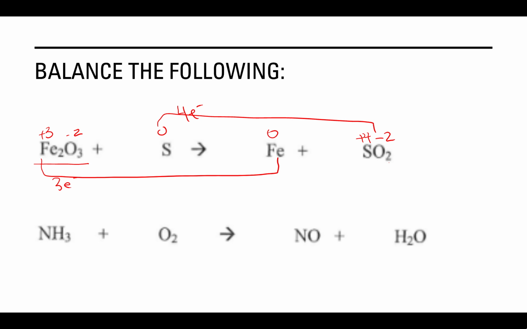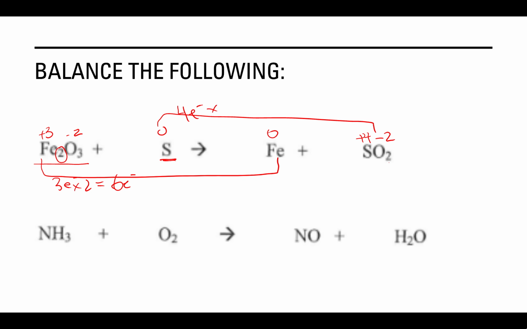Now, before you take a look at balancing this out, you want to know how many atoms there are. Iron has 2 atoms, so each of these would exchange 3 electrons. So that's a total of 6. Sulfur, there's no subscript, so it's still just 4. Now to make these the same, we're going to figure out our lowest common denominator, which would be 12.